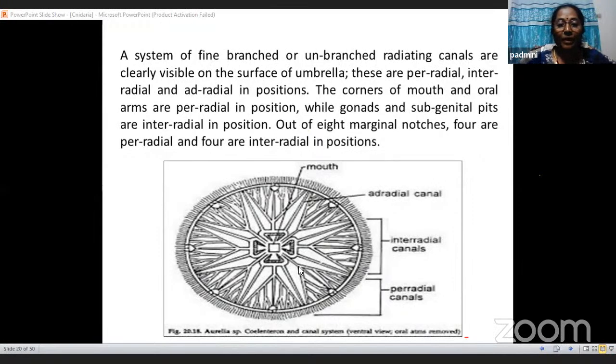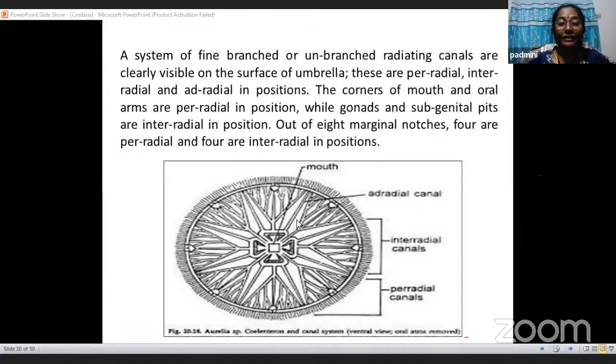And in between the interradials and the perradials, you have the adradial canals. So this is an interradial canal, this is a perradial canal, and in between you have this adradial canal.